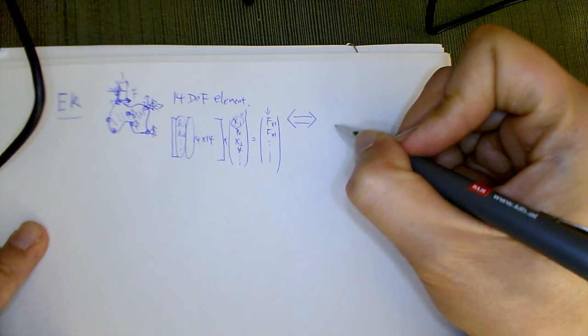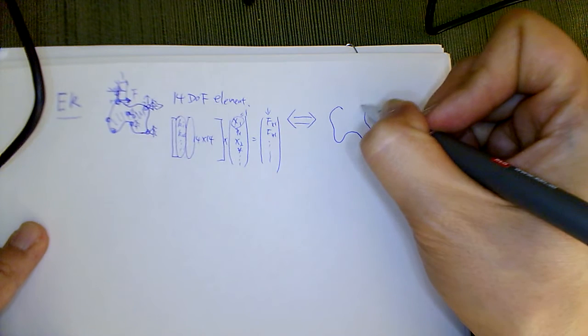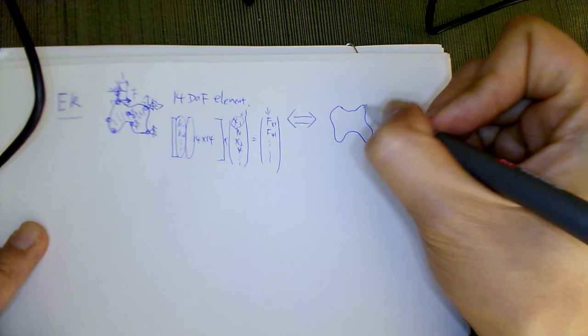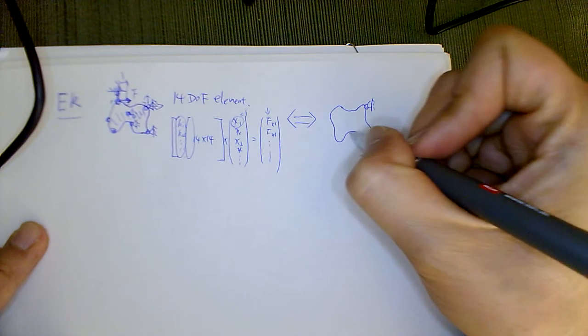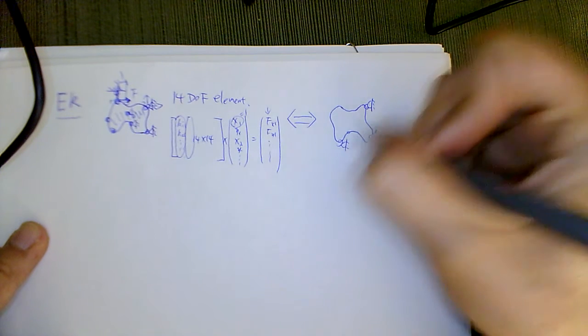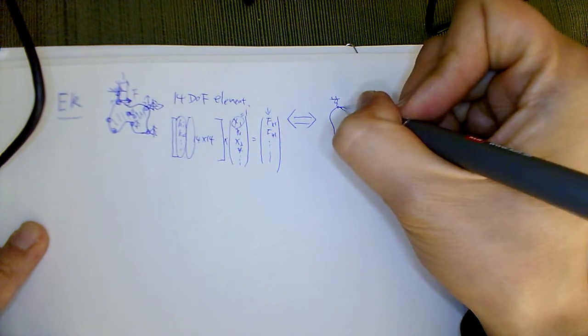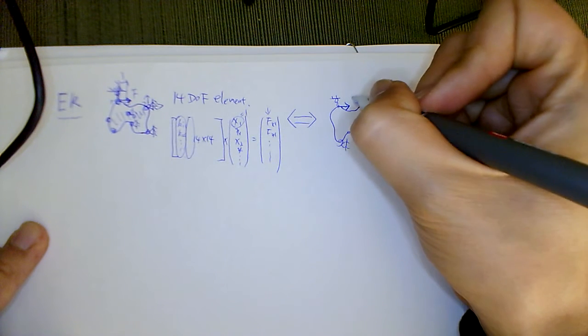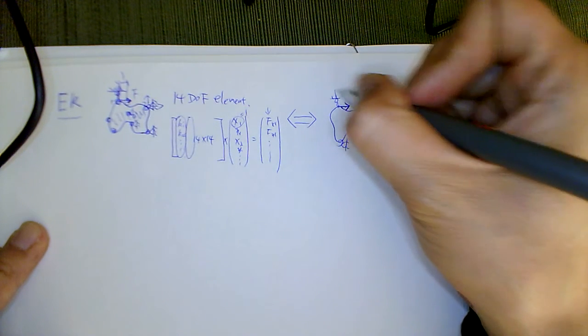If I have something with known boundary conditions, all fixed, and I pull this thing with a certain force P, how much does it move?